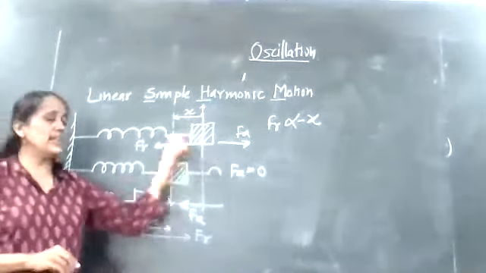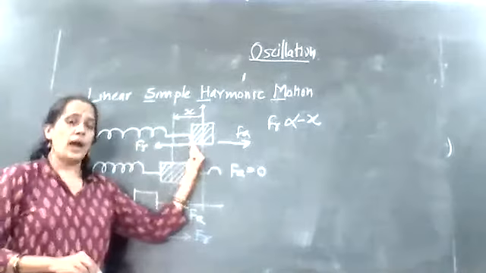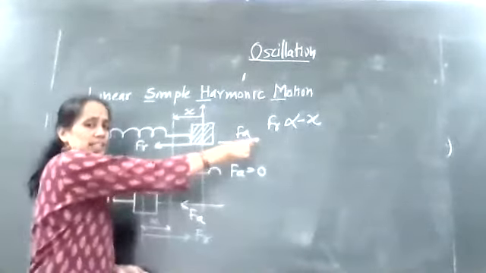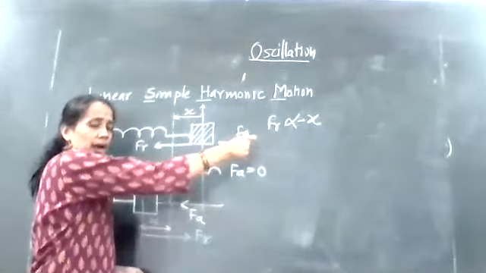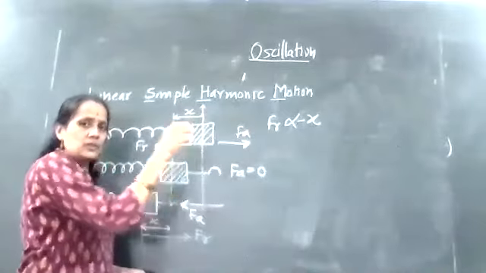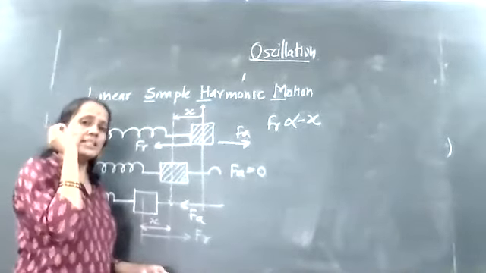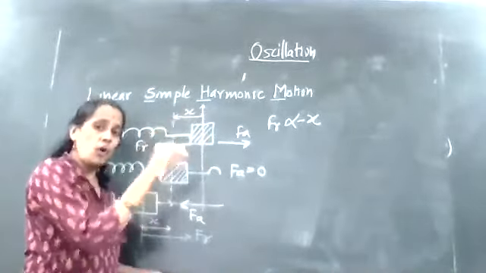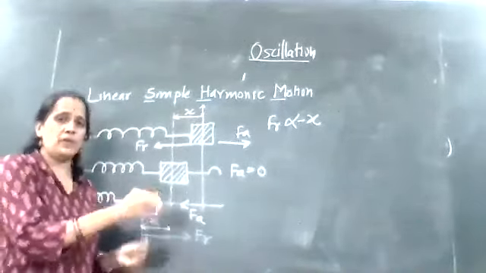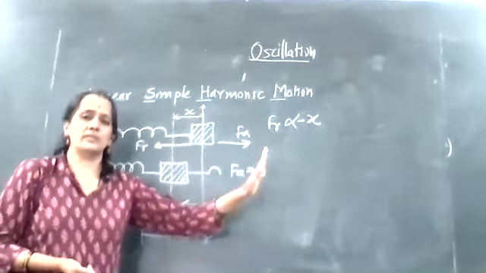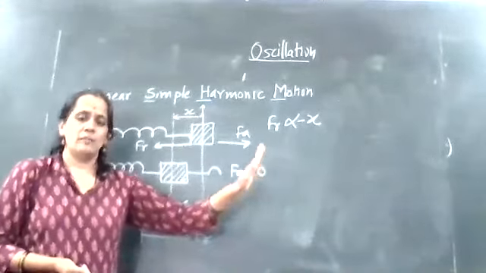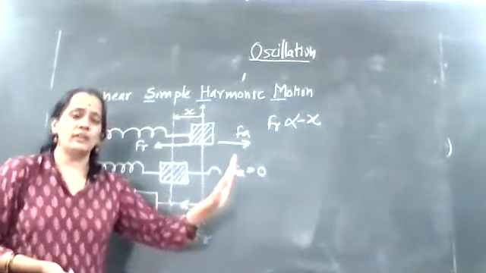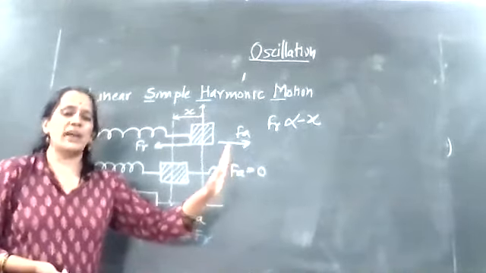In linear SHM, when force is applied, the spring gets extended, and if I release it, the spring has a tendency to go back to the mean position, but it will not rest at the mean position. It will get compressed again due to inertia. When it goes through the mean position, its velocity becomes maximum.